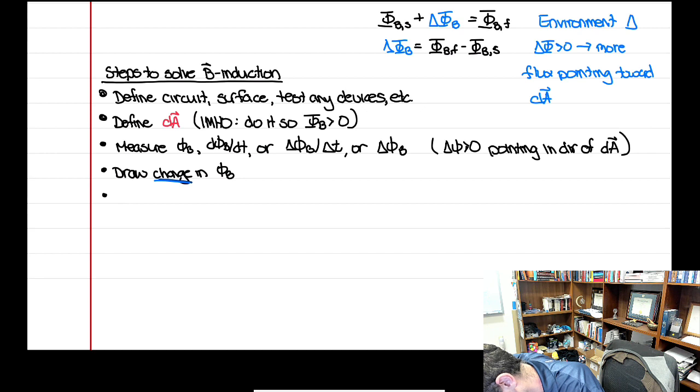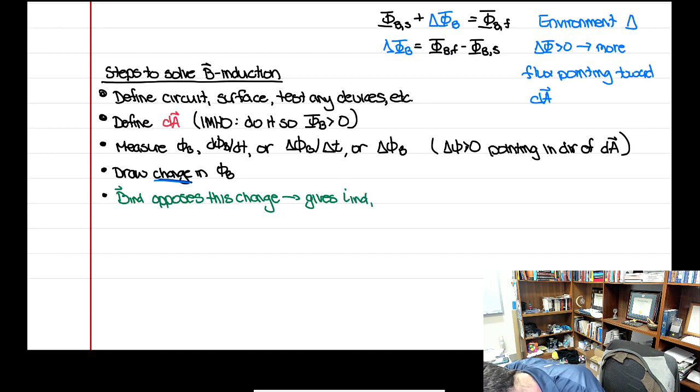Green. Then the induced magnetic field opposes or tries to cancel out this change. In this case, it gives I induced and something else. Why am I blanking? Oh, the electromotive force that's induced.